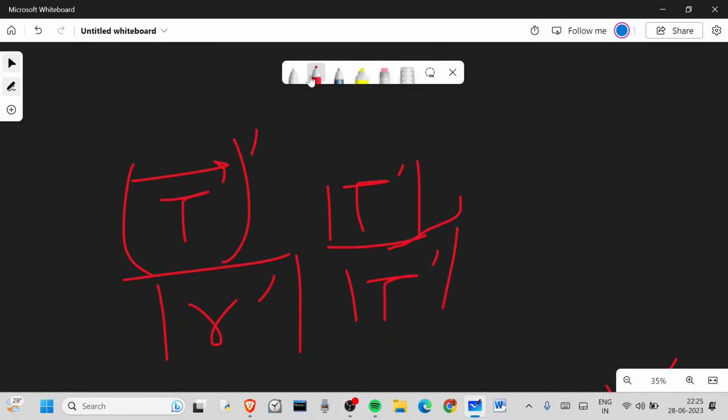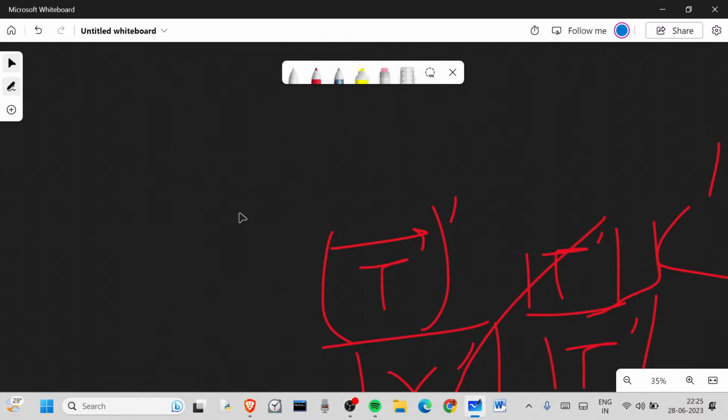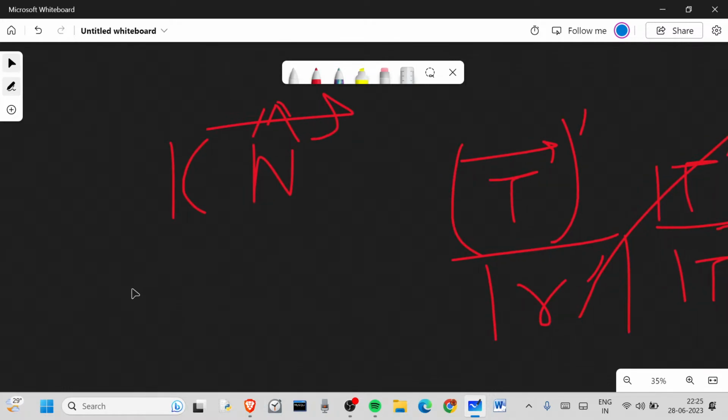From the definition of radius of curvature, T dash mod by r dash mod is kappa, the curvature. So this whole thing becomes kappa, and this thing is the N vector. Of course N cap you can also write because it's a unit vector. So T vector dash by mod T dash into kappa.